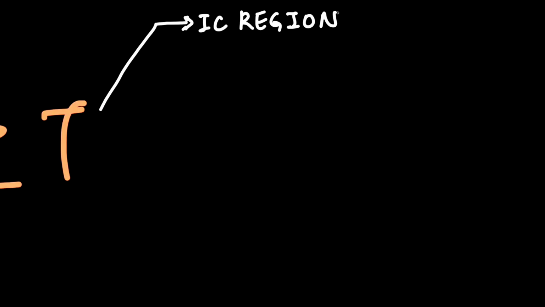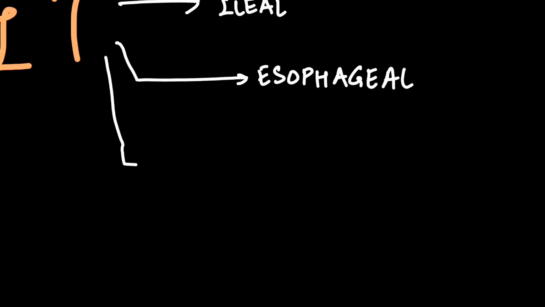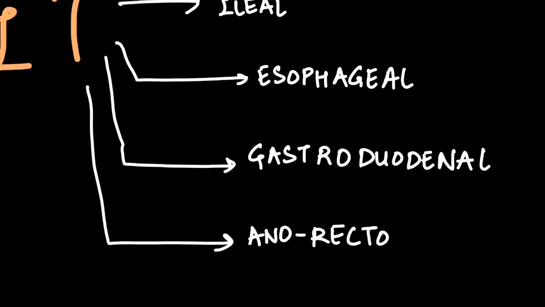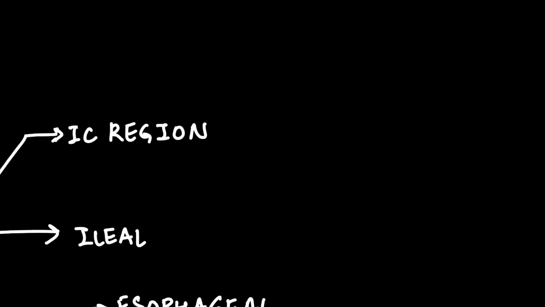So the gastrointestinal tuberculosis would be further divided into tuberculosis of the ileocecal region, of the ileal region, esophageal, gastroduodenal, and the anorectosigmoid.